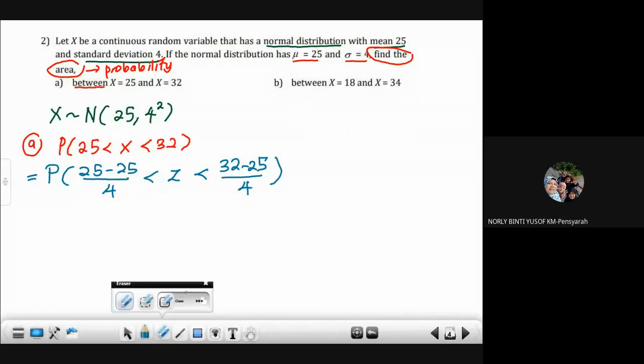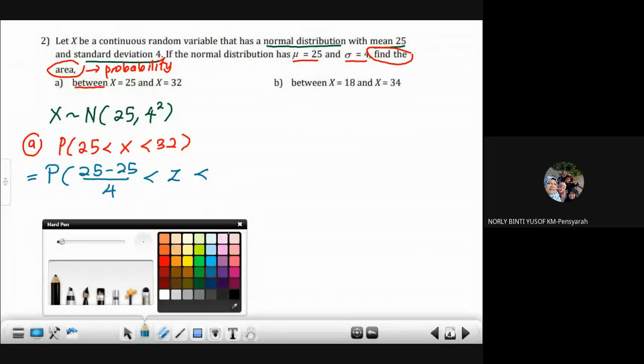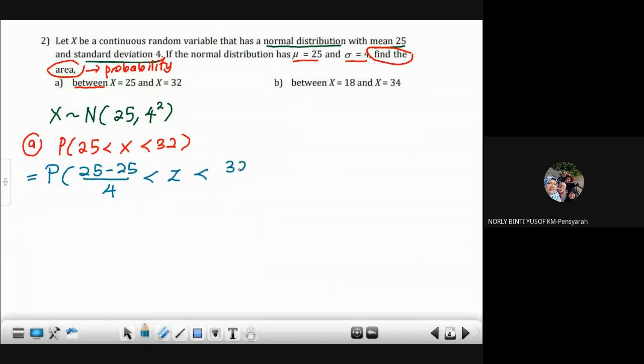Okay, dekat sekolah kalau you belajar kat AMAT pun sama. You standardize score Z tu you tulis macam tu. You tidak standardize asing-asing. Sebab this one is in between. Dia punya simbol equality dia adalah between. Bila you standardize score Z tu adalah K dalam exam.